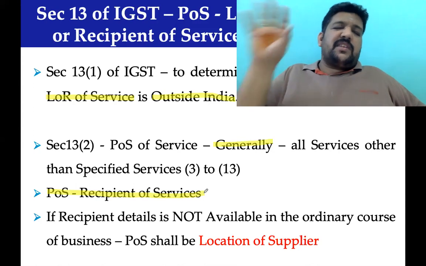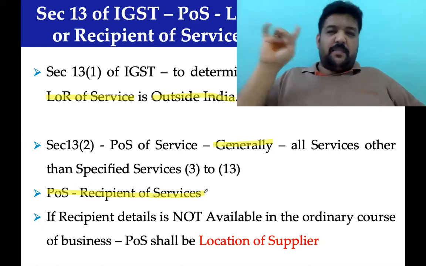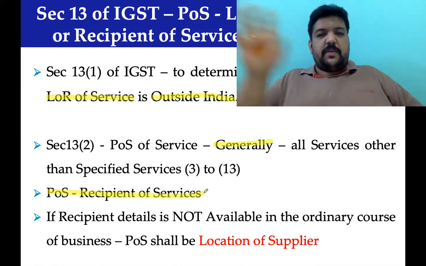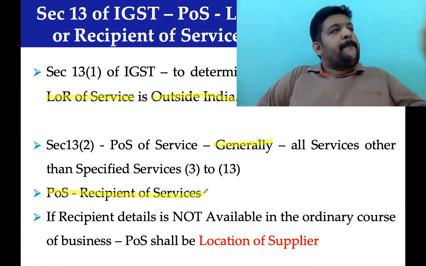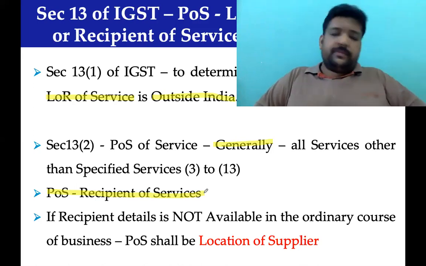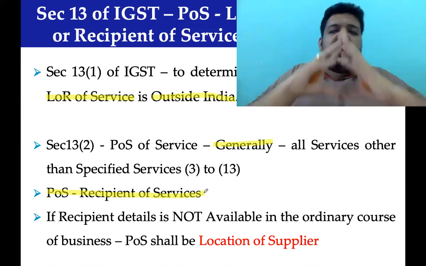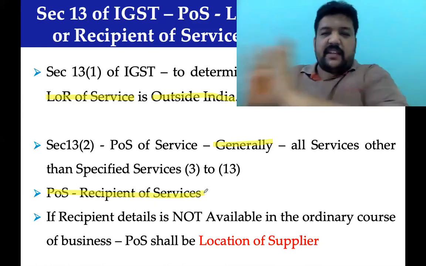If any service is covered by the specified list, place of supply will be determined as per the specified list. If any service is not covered by the specified list, then only it will be covered by the general entry. General entry is the one that we will refer last.